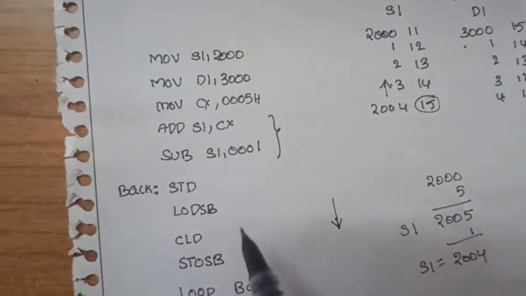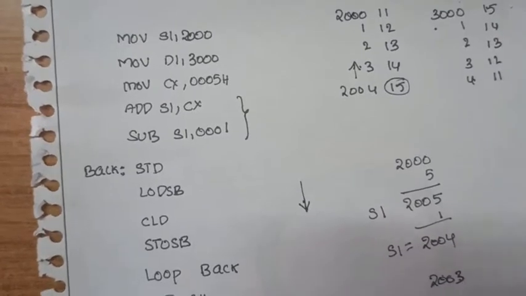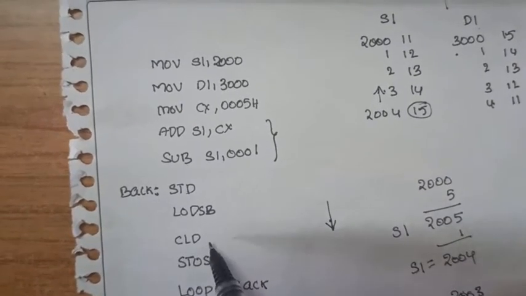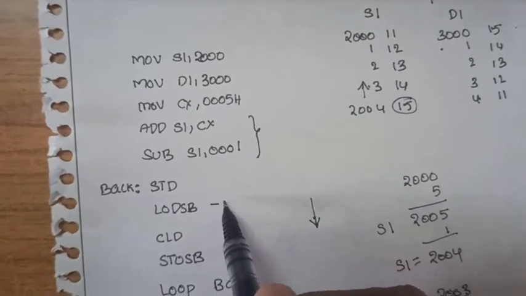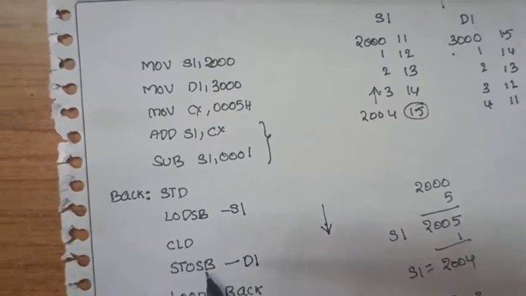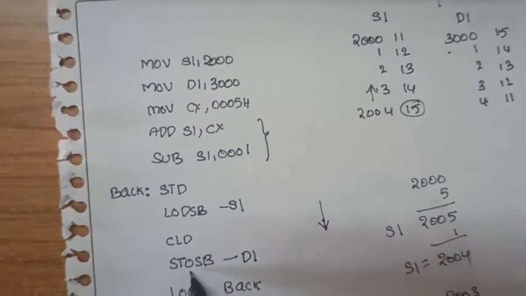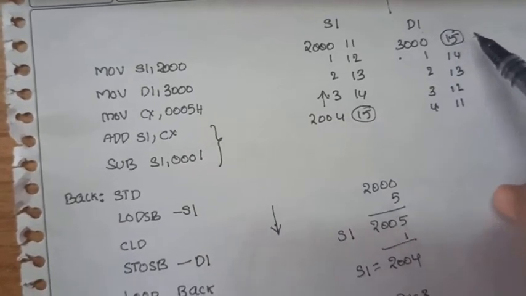So after loading this data, the SI value will be 2003, followed by clear direction flag, STOSB. See, LODSB works with the SI register, STOSB works with the DI register. Whatever data was loaded will be stored into DI, meaning the 15 will be stored in the first DI location.